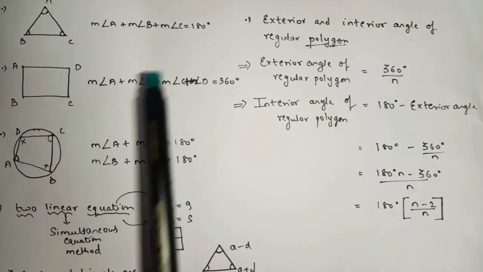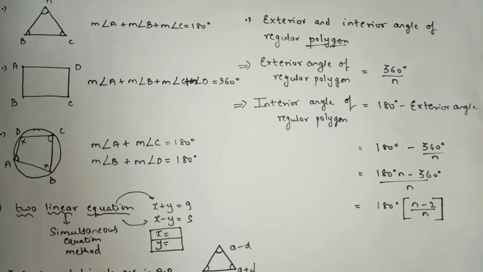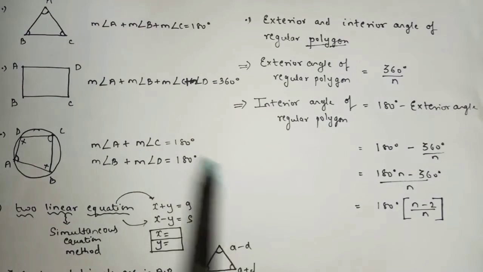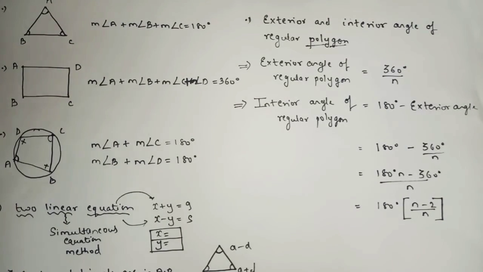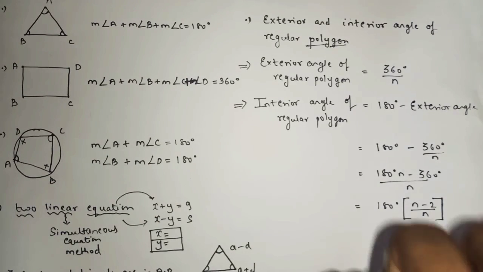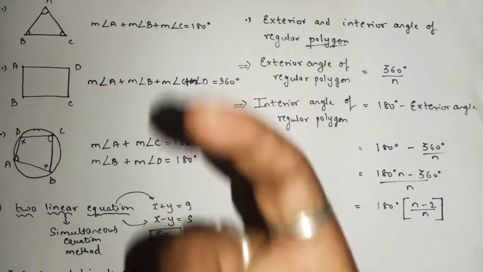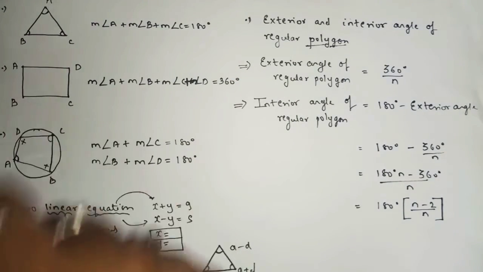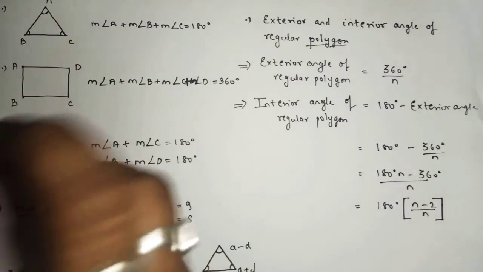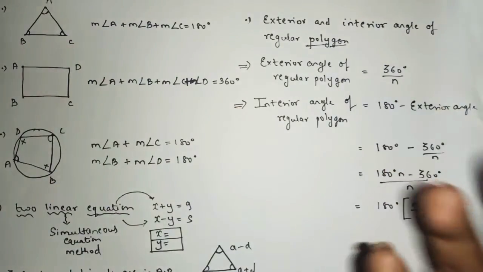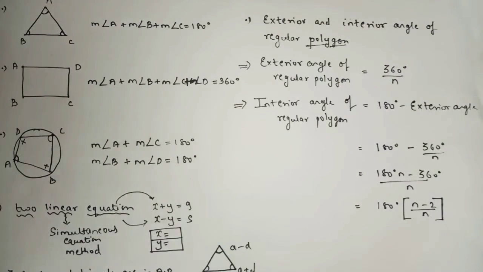Pentagon means having five sides, hexagon means having six sides. Similarly there are the septagon, octagon, and nonagon. Octagon means having eight sides. Whenever we have more than four angles and sides, we consider it a polygon.